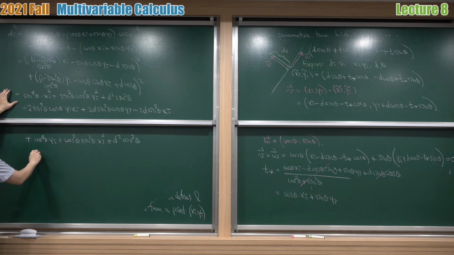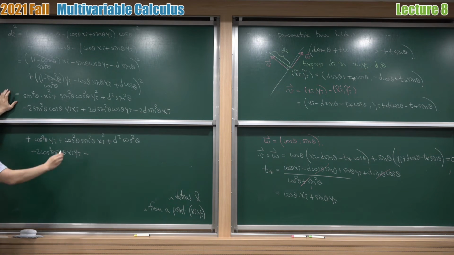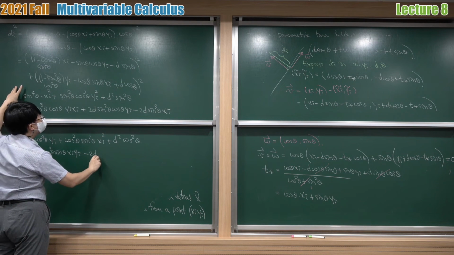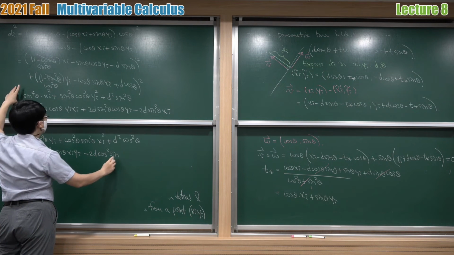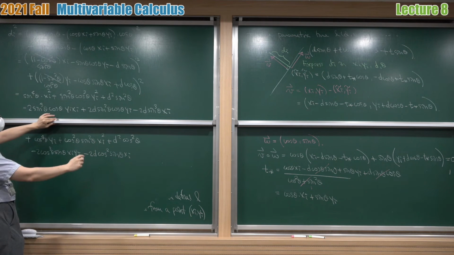And let's see, we have 2 cosine cube sine zeta xi yi. And then 2/3, and we have minus 2d cosine square sine zeta xi, right?